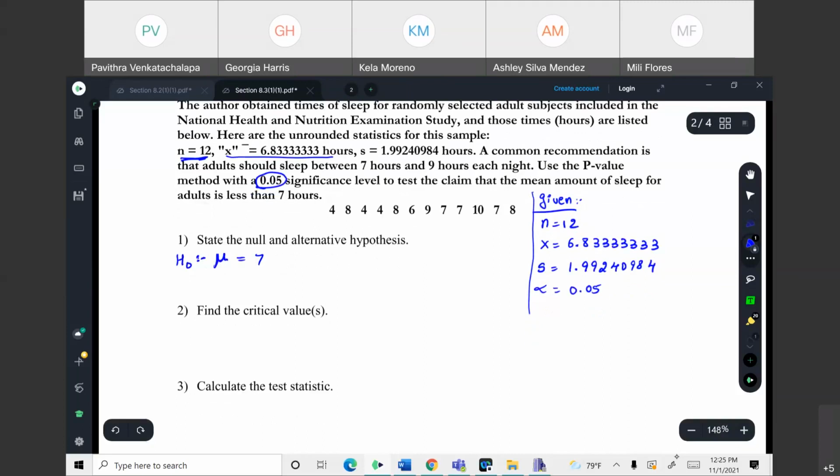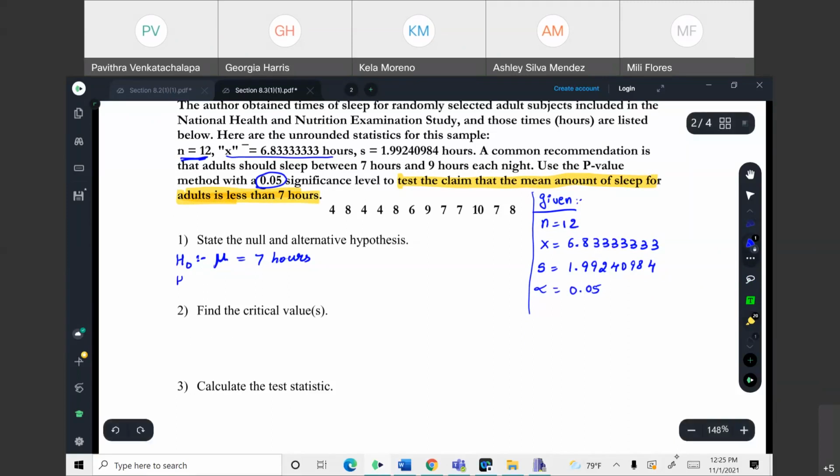Mu is equal to 7 hours, that's the claim. Test the claim that the mean amount of sleep must be less than 7 hours. Okay, that is the claim you are testing.